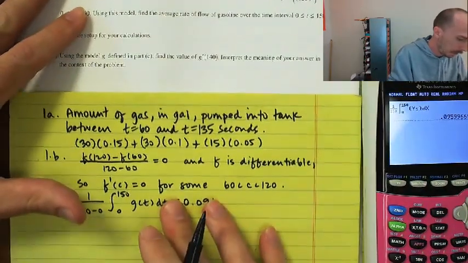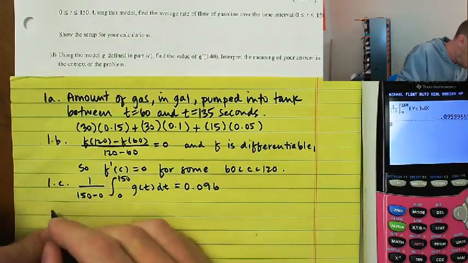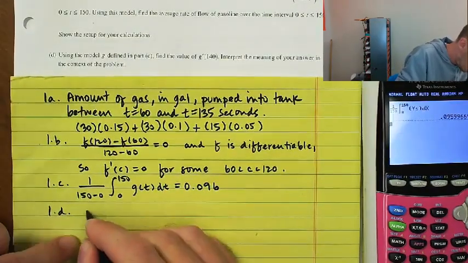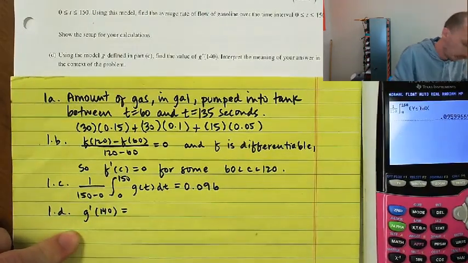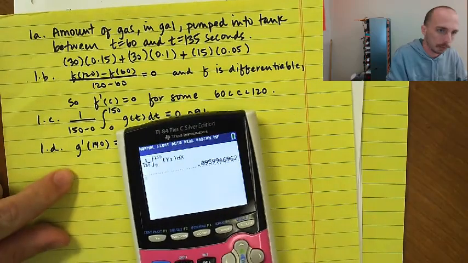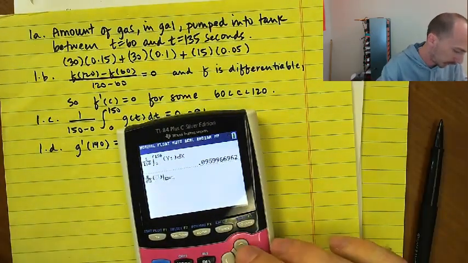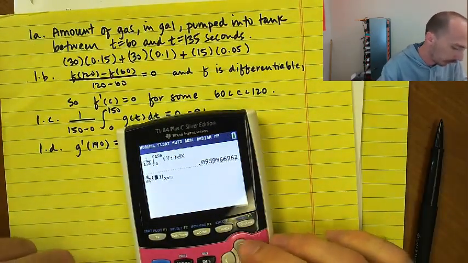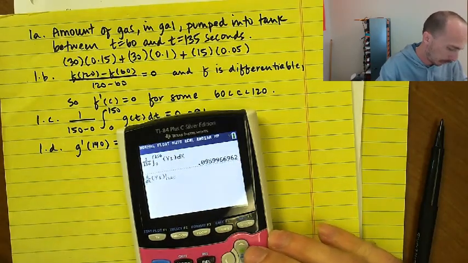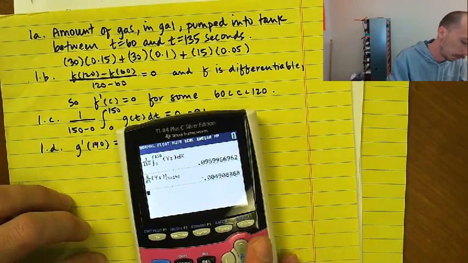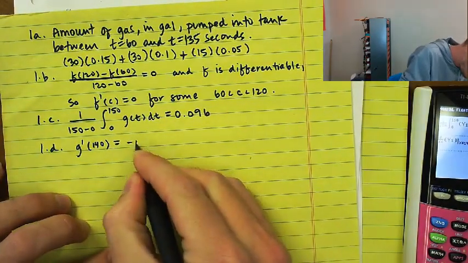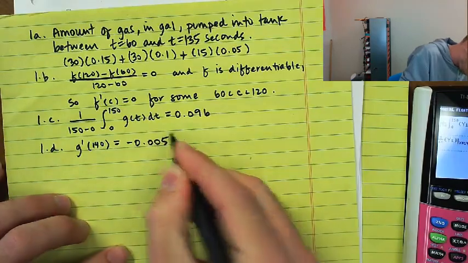All right, 1D is going to be find the value of G prime of 140. Okay, so G prime of 140 is going to equal, I'm just going to take the derivative by hand, or not by hand, with the calculator. The derivative of y1 at 140 is going to be negative 0.0. Okay.